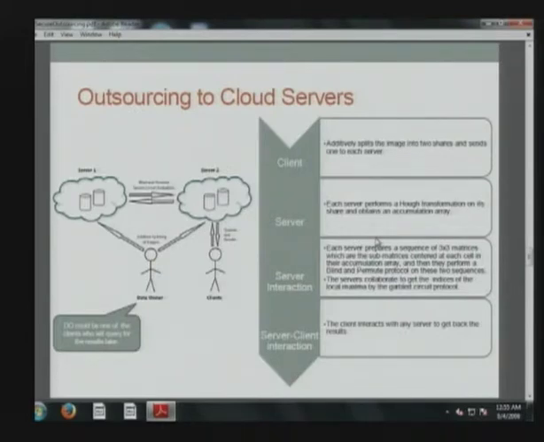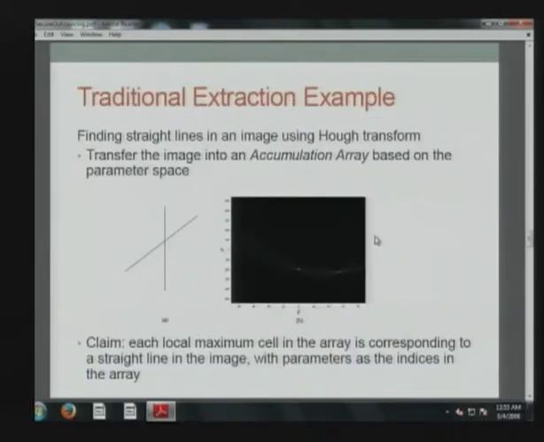And this is how we can outsource this process to the servers, because as we can see, this transformation process involves a lot of computation. We have to count for each rho theta parameter.